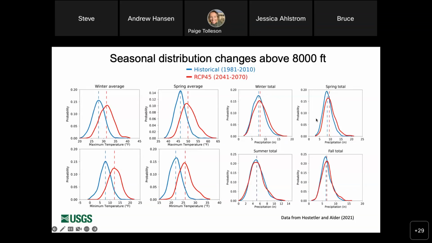In winter, for instance, it decreases the peak and spreads a little bit more into higher precip values. But overall, we don't find much difference between the projections and the observations. So basically, we're looking at a warmer, potentially somewhat wetter, but not a lot wetter situation.